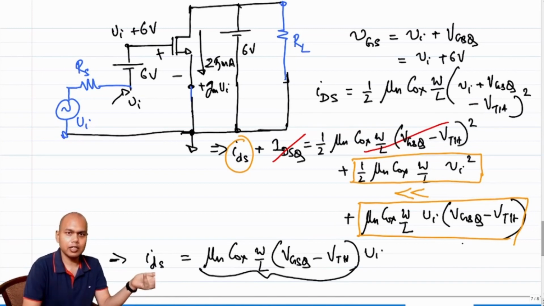What is the short circuit equivalent of a battery? The short circuit equivalent of a constant voltage source is a short circuit, right? So the incremental current of GM times Vi will flow into the battery and not into RL. You would want all the incremental current to flow into RL, which is not happening in this model, right?